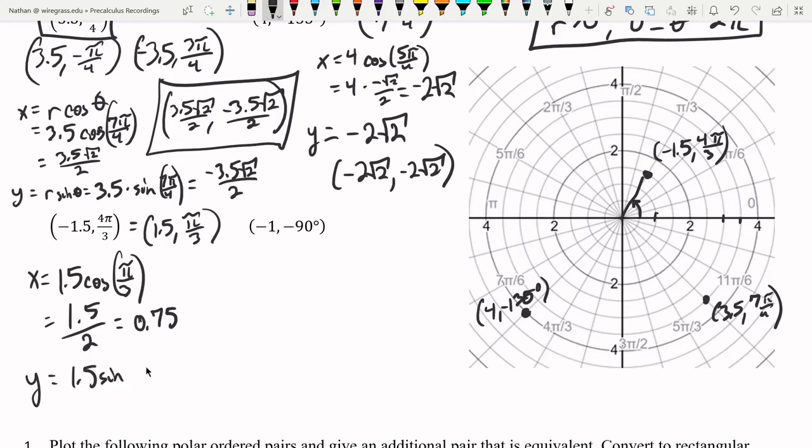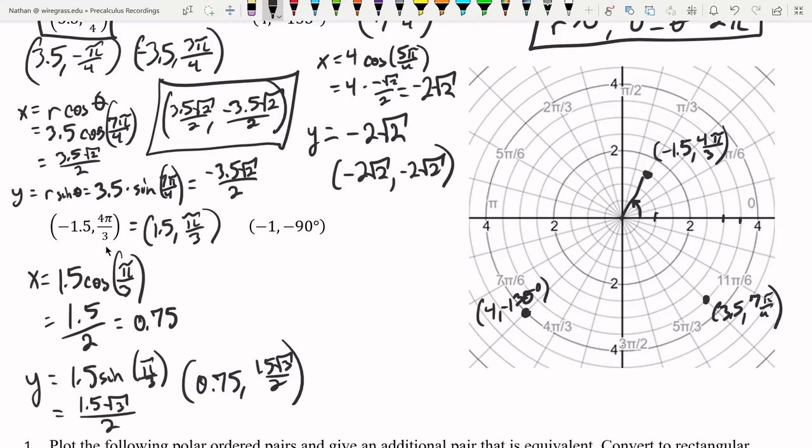And y is 1.5 times sine pi over 3. This is going to be root 3 over 2, so it's going to be 1.5 root 3 over 2. So the coordinate's going to be 0.75, 1.5 root 3 over 2. That's the rectangular coordinate of 1.5, pi over 3 or negative 1.5, 4 pi over 3.